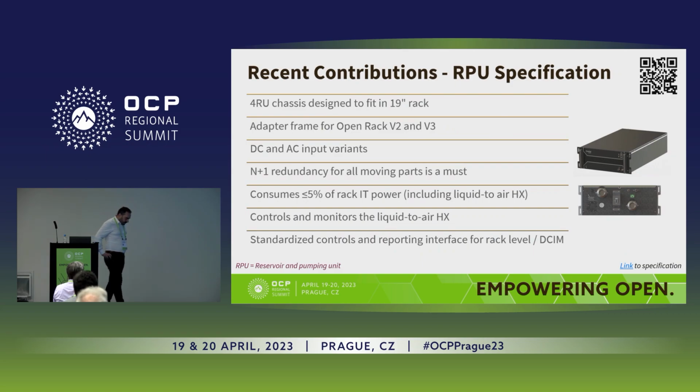But it's not only important to define the rear door, but also the component which moves the water from the cold plates into the rear door for the air-assisted unit. This is the RPU. The RPU is nothing more than a pumping unit.